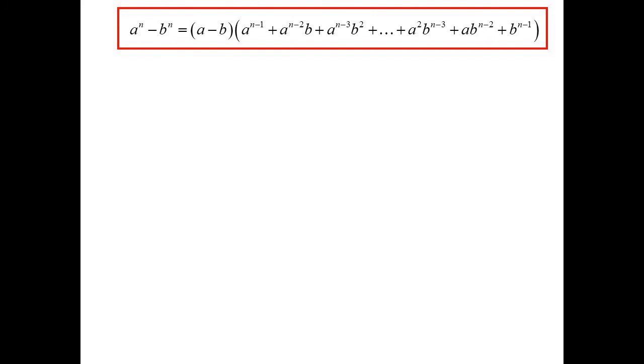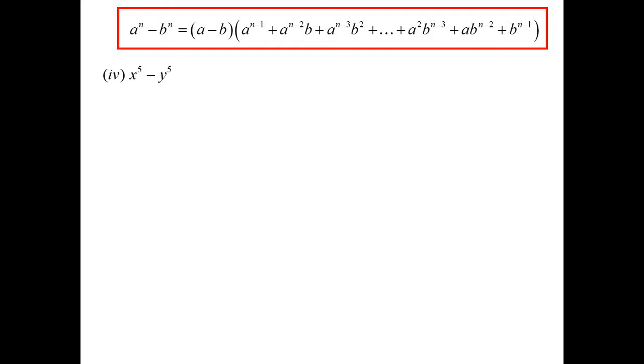There, we can take it to any power we like. If you've got a to the power of n minus b to the power of n, it always starts with a minus b. Then in the second one, the powers of a go down by 1, the powers of b go up by 1. At any point, the 2 powers, in this case, will add up to be n minus 1, won't it? N minus 1.